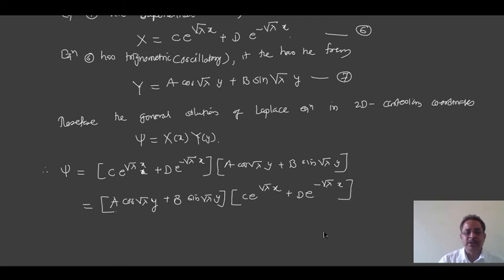Here a, b, c and d are constants. If these constants are determined using certain conditions, then we can get the actual value of psi, the solution of the Laplace equation in the Cartesian coordinate system. So this is the general solution.